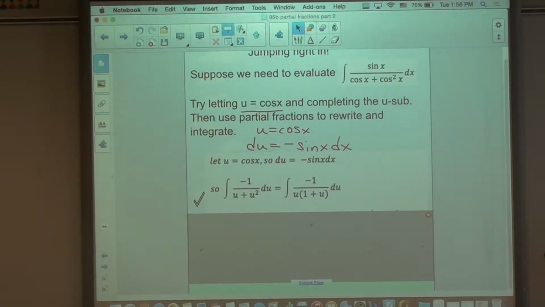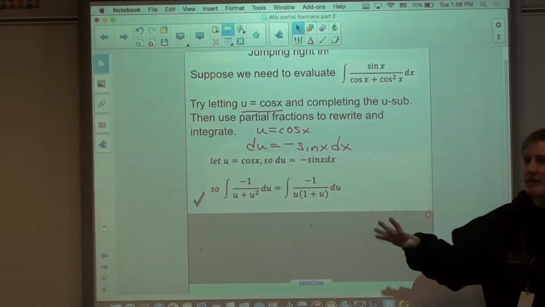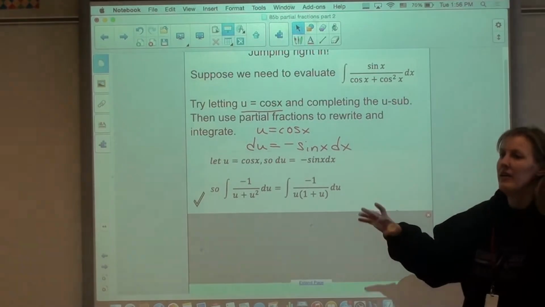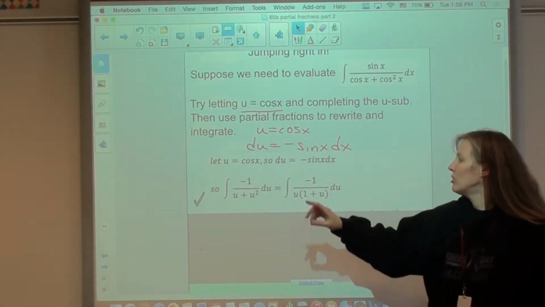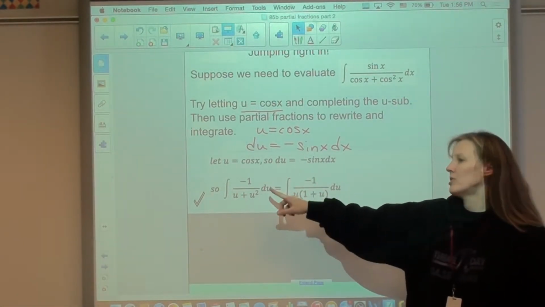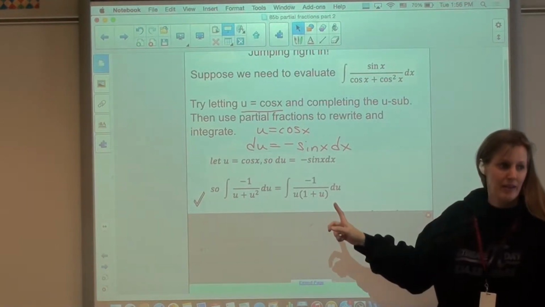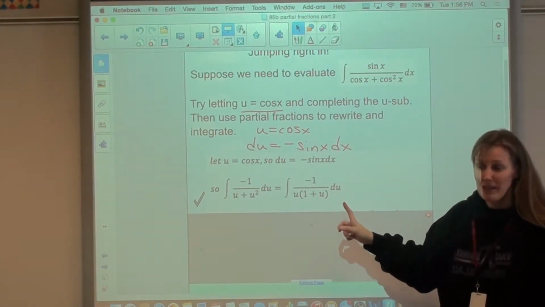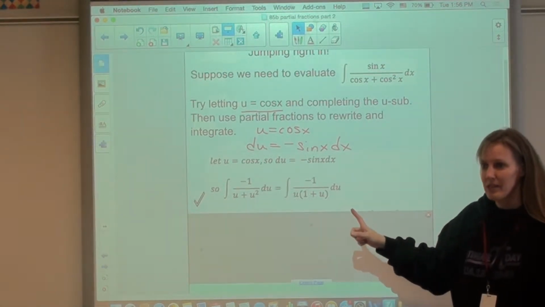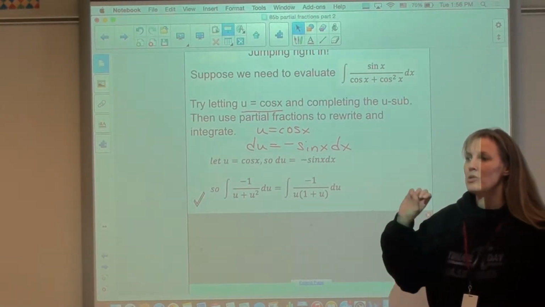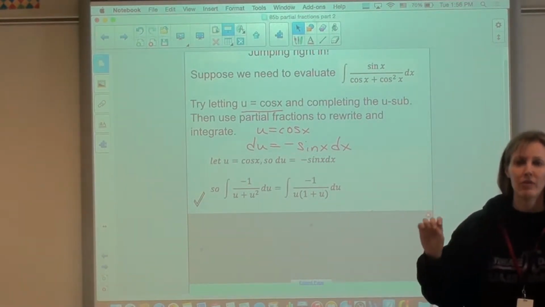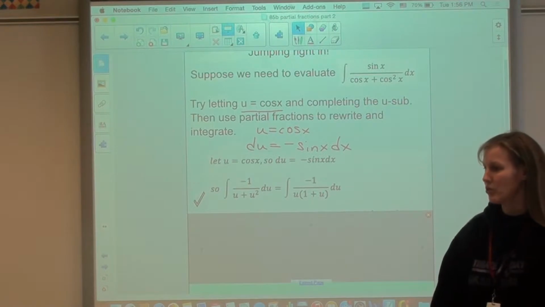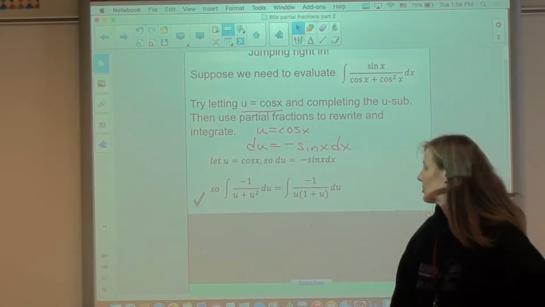So you can't be a lazy dxer. You have to be very intentional with your dx's and your du's. Make sure you're writing dx or du or d theta, whatever is appropriate. It's very important.